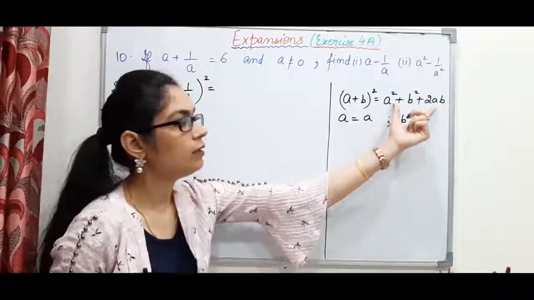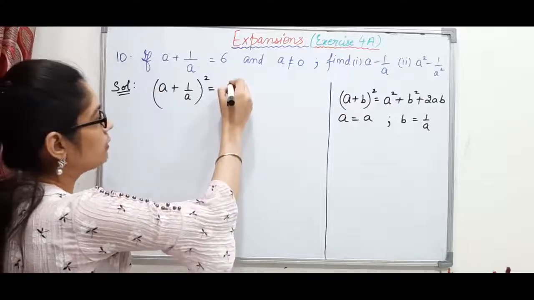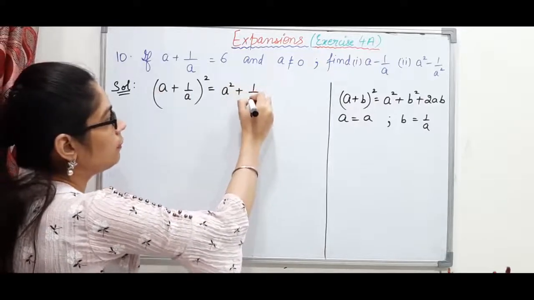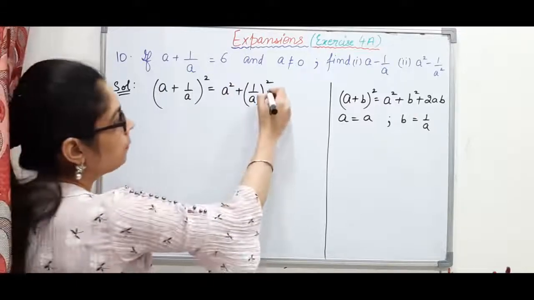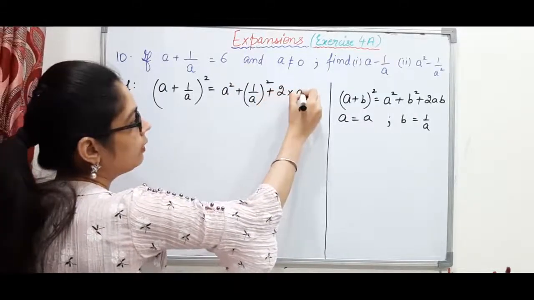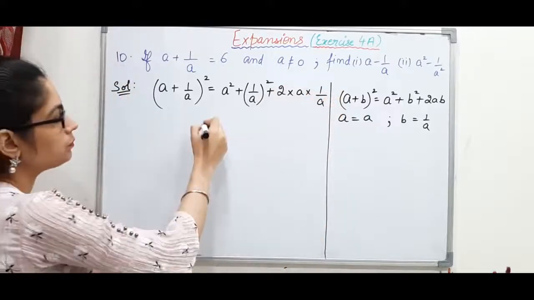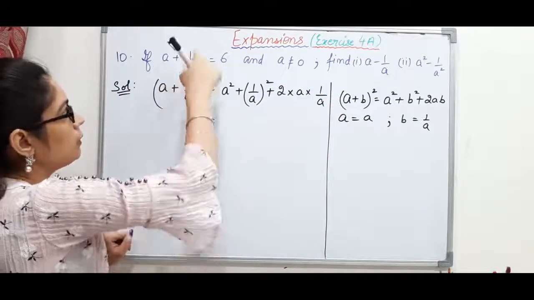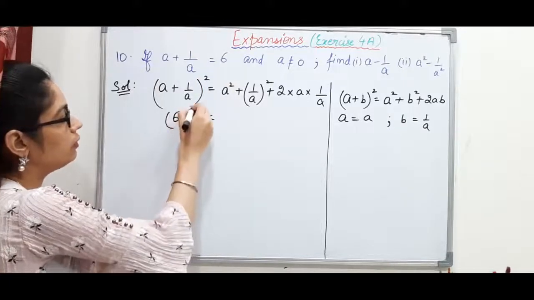Now I will write it in this expanded form. So a square as it is, plus (1 by a) square, which is b square, plus 2 into a into b, which is 1 by a. So a plus 1 by a is equal to 6, I will write its value, 6.